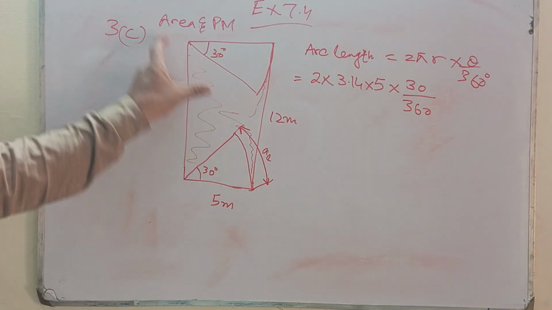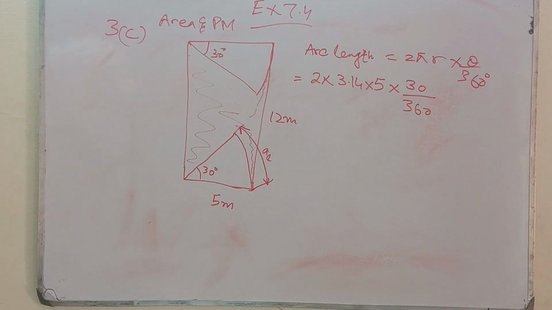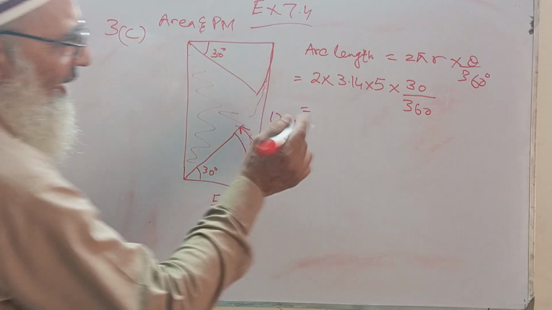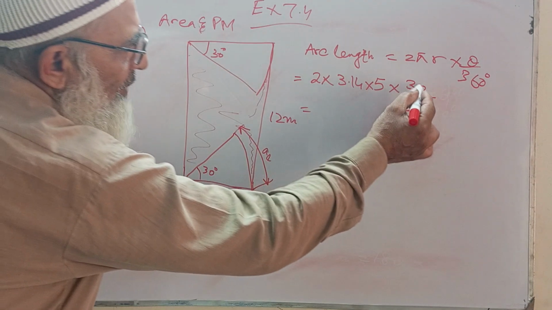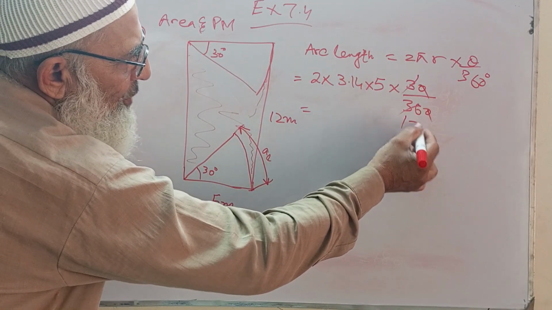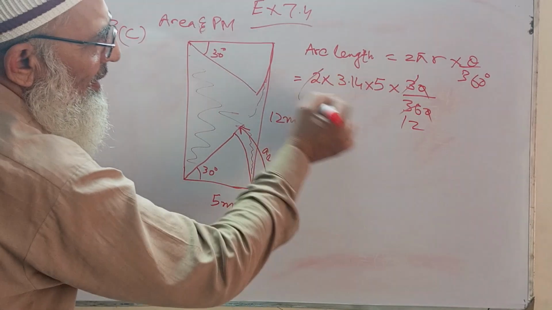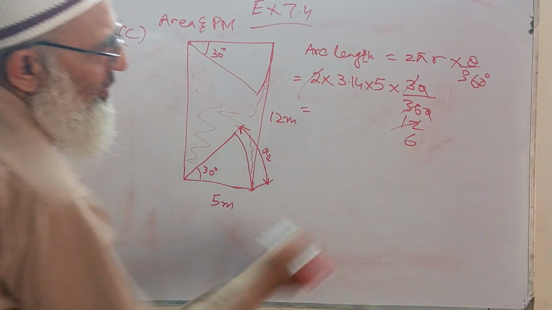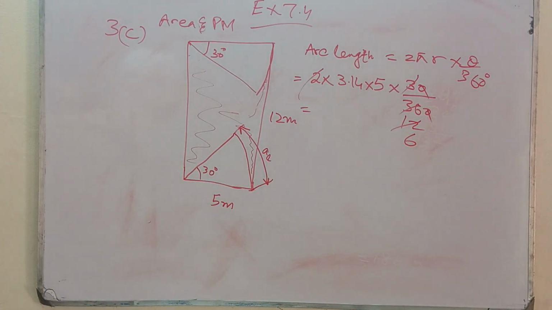Now let me make it a little simpler for you. 3 1 times and 3 2 times, and this again cancels this 6 times. Now we are left with a few numerics. This is 3.14 multiplied by 5.